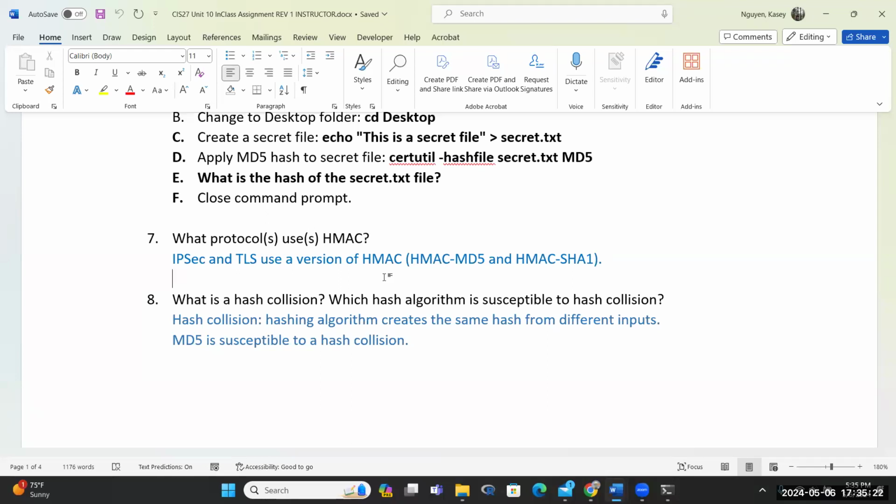So certutil. Do this again. Yeah, you have to type it. Is the file on desktop? Yes.